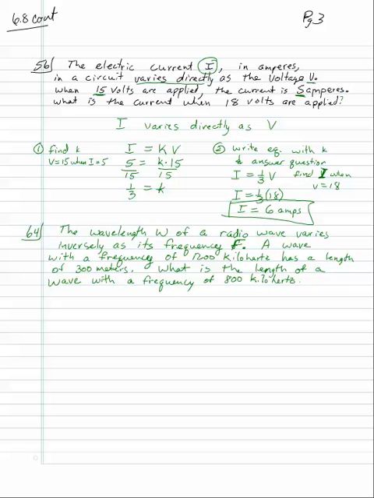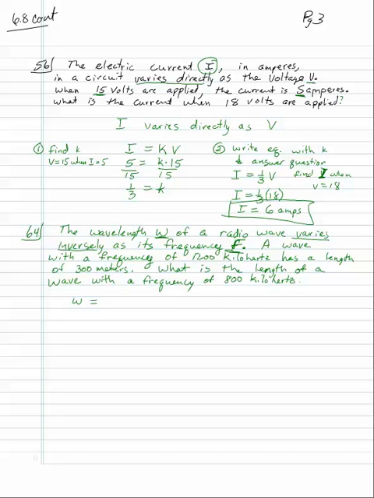Okay, so number 64, it says the wavelength W of a radio wave varies inversely. So again, throw out these extra words. Let me read it once. The wavelength W of a radio wave varies inversely as its frequency F. A wave with a frequency of 1200 kilohertz has a length of 300 meters. What is the length of a wave with a frequency of 800 kilohertz? Again, I'm going to pare this down.